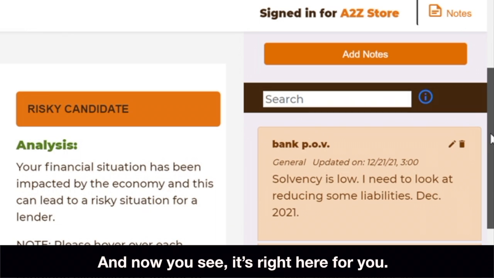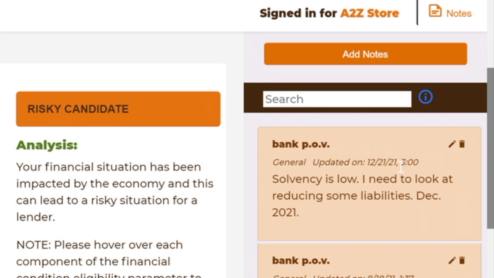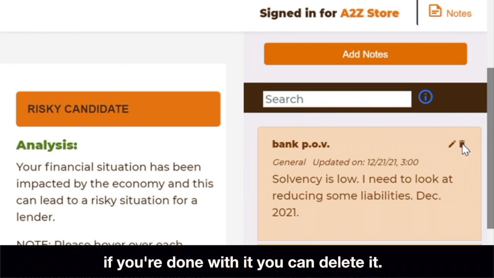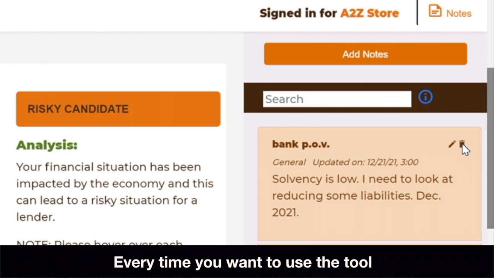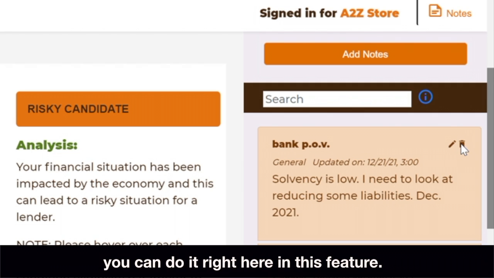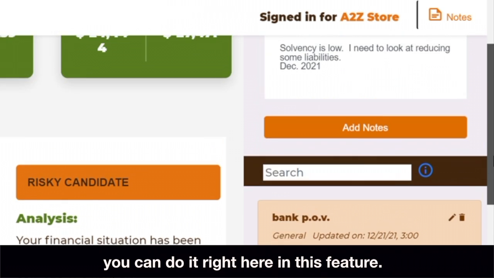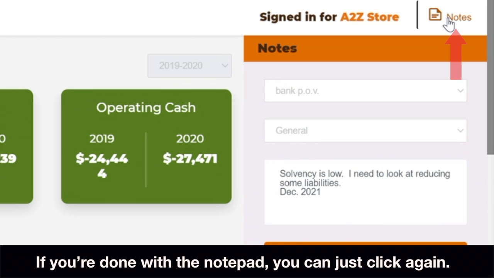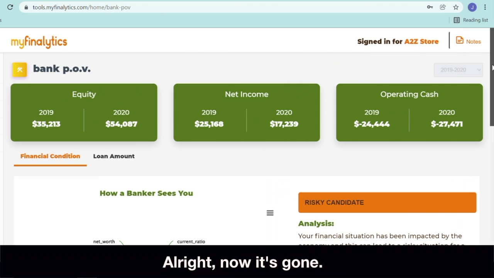And now you see it's right here for you. You can edit it later. If you're done with it, you can delete it. So every time you want to use the tool and track where you are, you can do it right here in this feature. If you're done with the notepad, you can just click again. All right, now it's gone.